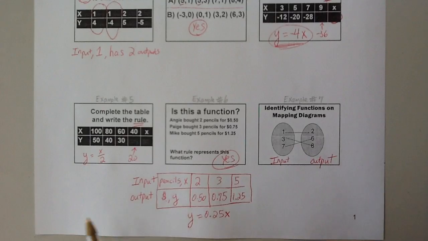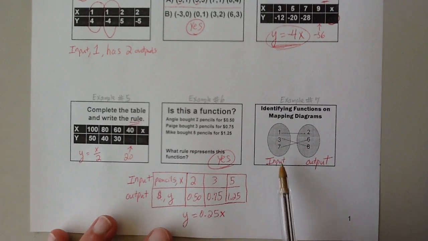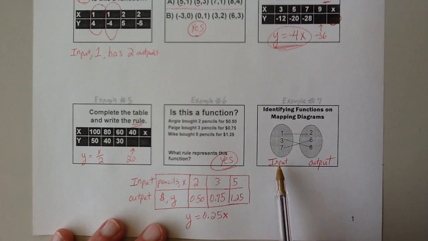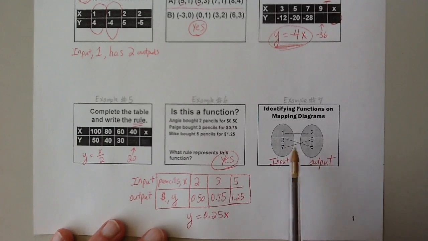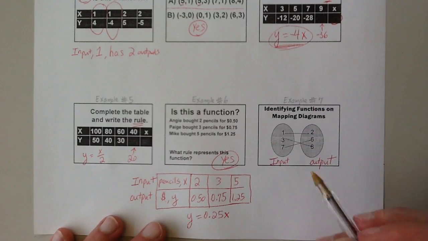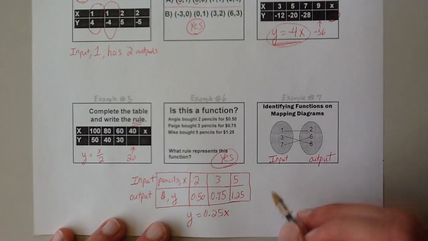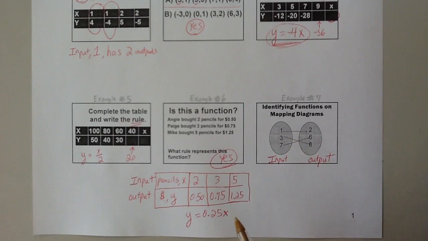Okay, in example number 7, we have the first mapping diagram. Now, the oval on the left is always the input, so write input. And on the right is always the output, right? Output. So you're putting these numbers in and you're getting these numbers. Now, as you can see, I have 3 input numbers. If I have 3 input numbers, I should have 3 arrows going from the input oval.